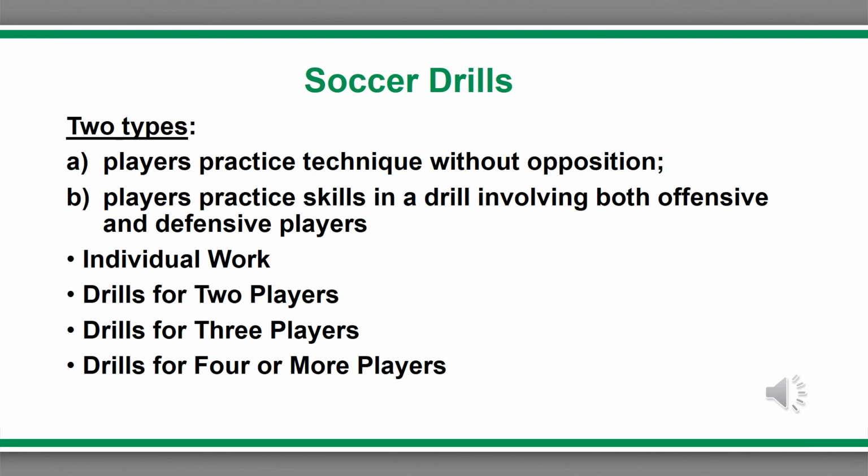Then drills for 3 players, which is in our activity outline with all the nice diagrams, and then drills for 4 or more players. So we're continually practicing dribbling, passing, guarding, stopping, tackling, and such. It might be with 2 players, it might be with 3 players, it might be with 4 players.